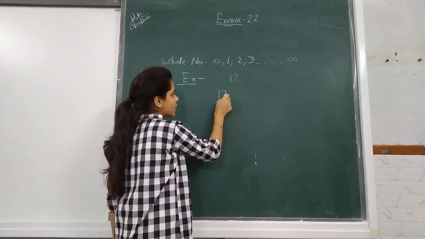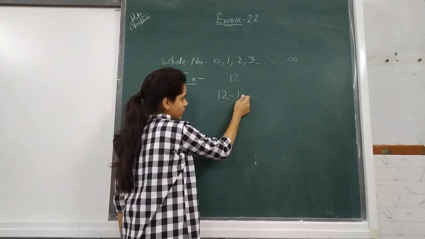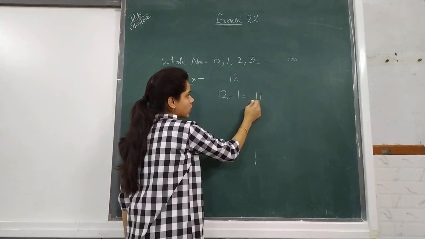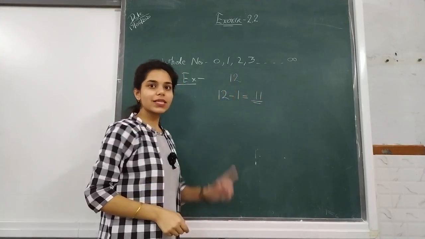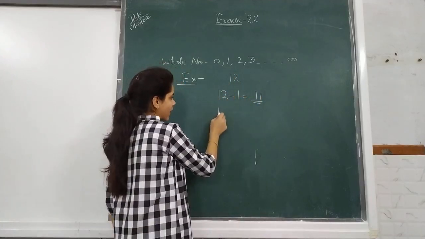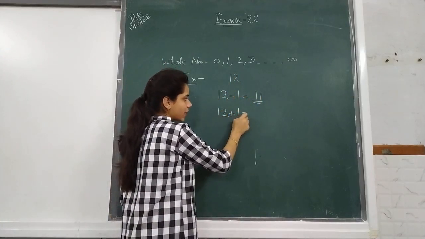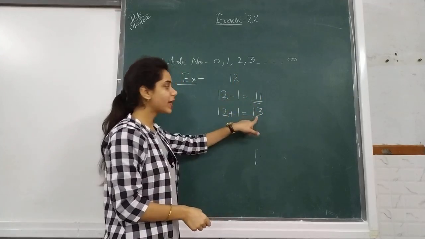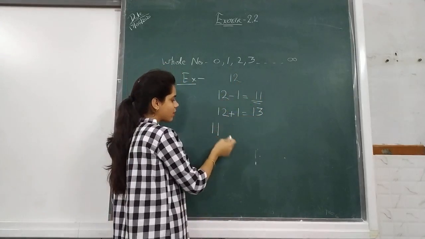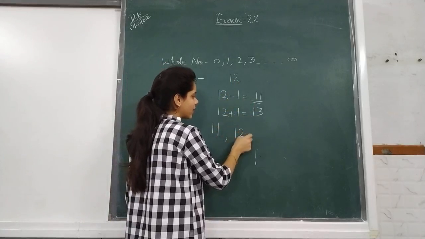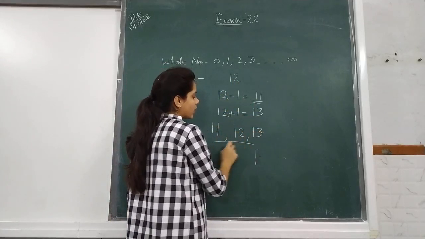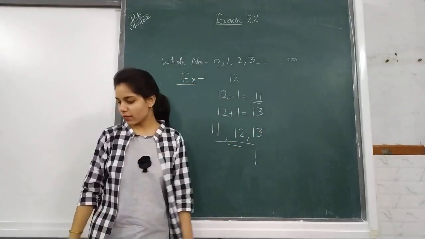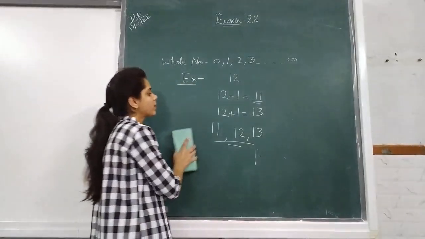After subtracting 1 we get 11, so the predecessor of 12 is 11. If I add 1 to 12, it will give me 13, so the successor of 12 will be 13. In this way, predecessor and successor we can find. And we have done many questions related to it.